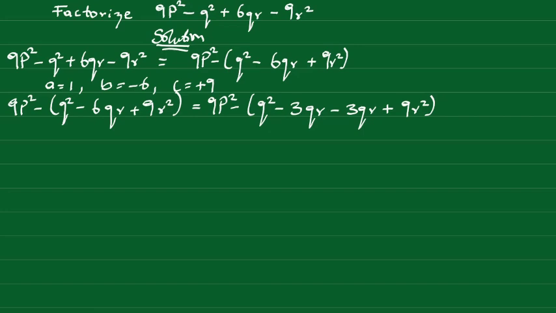Minus 3qr minus 3qr takes the place of minus 6qr. And we continue solving.